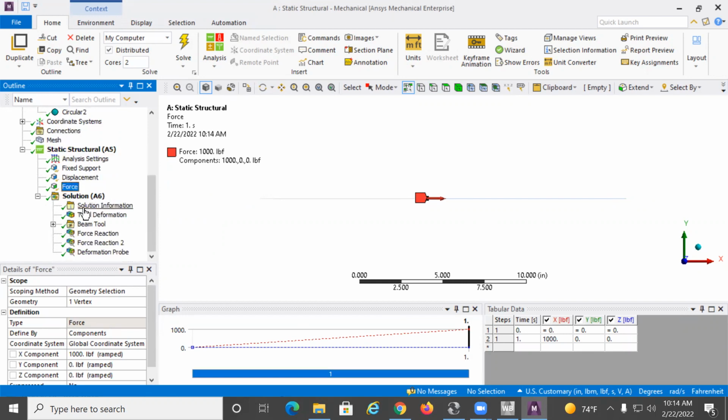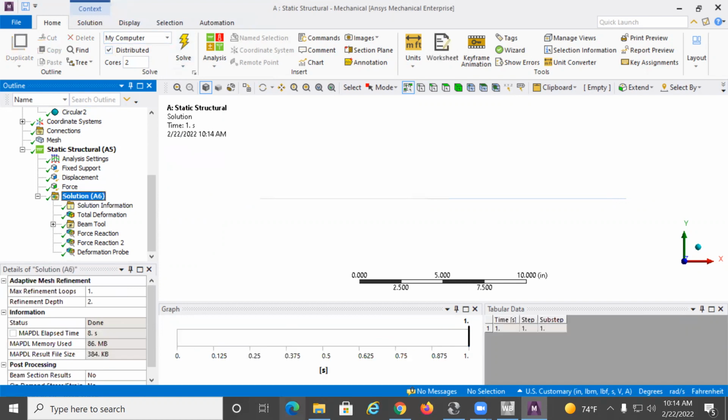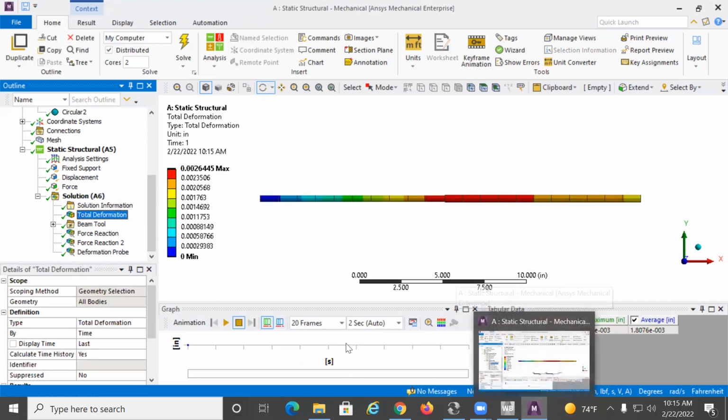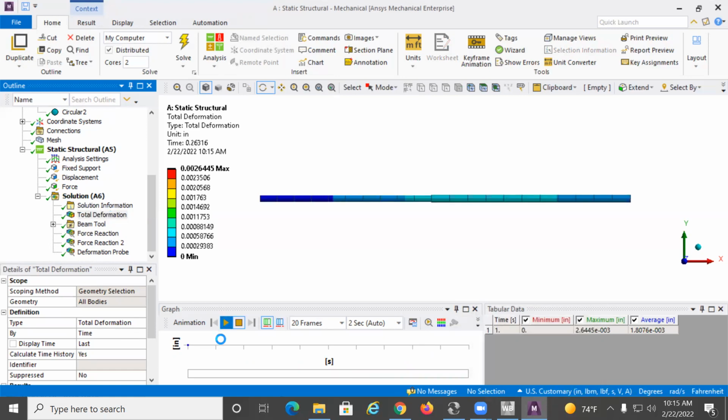Once everything was done, we clicked solve and ran the analysis, but we didn't have any results. So we went to solution and started defining the results we want to look at. The first thing I typically like to check is whether my part is behaving as expected. So we looked at the total deformation, and I can also play the animation.